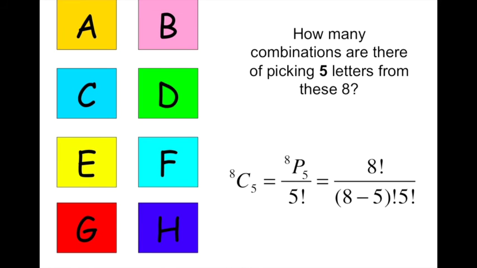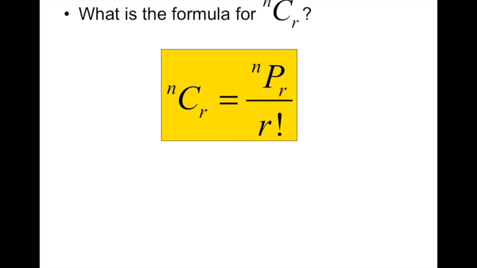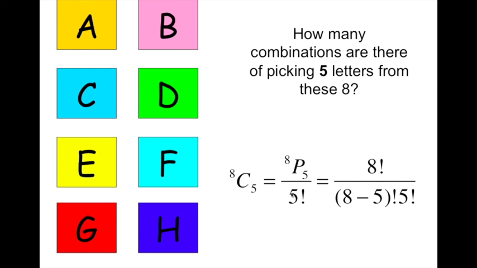And that, again, if we write it with the formula notation we had before, 8P5 we said was 8 factorial over 8 minus 5 factorial, and now we have an additional 5 factorial on the denominator. So now if we put that together, we can see that basically it was NPR divided by R factorial. If I just go back, you can see that it was always this number here. It's the factorial of that number that we were always dividing by, in addition to the normal NPR formula.